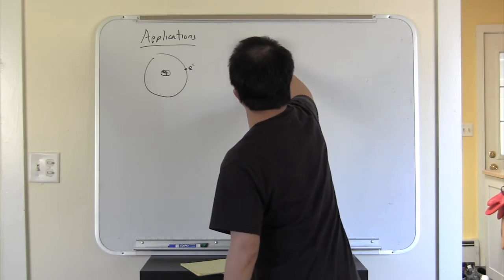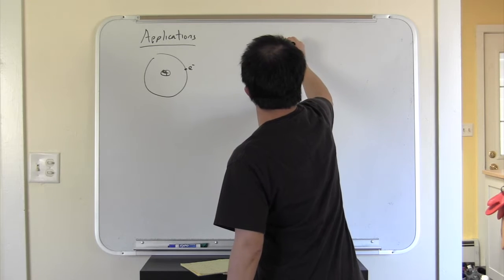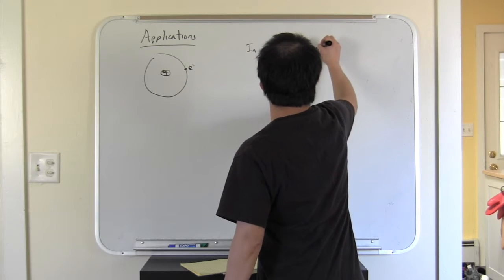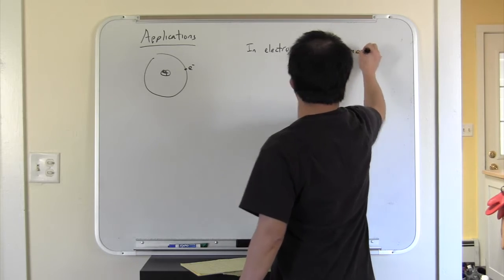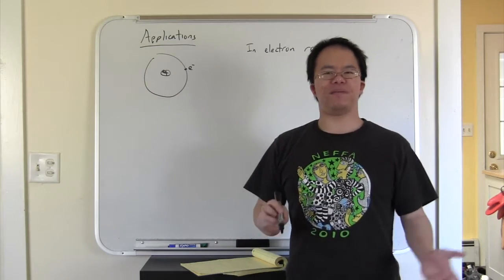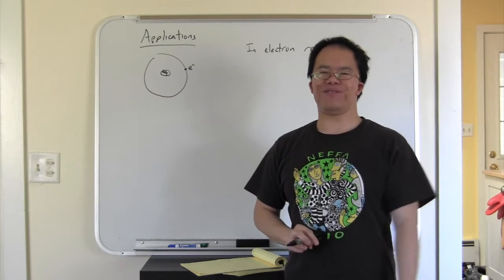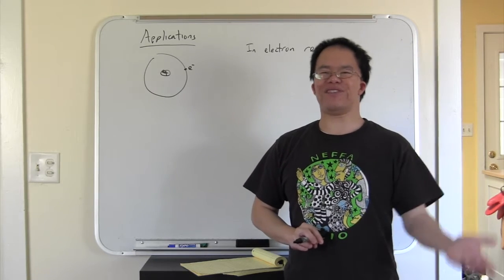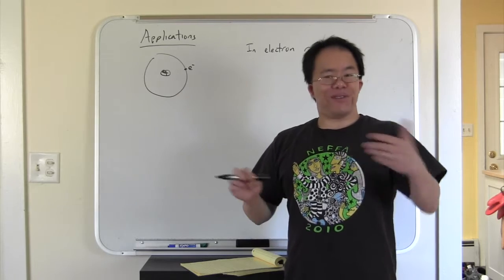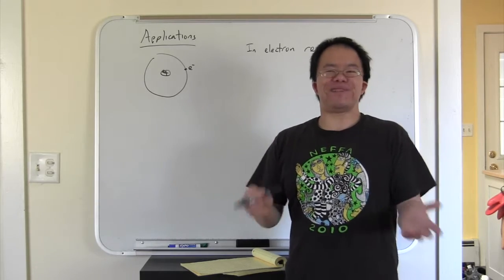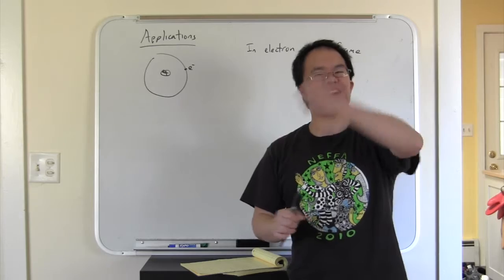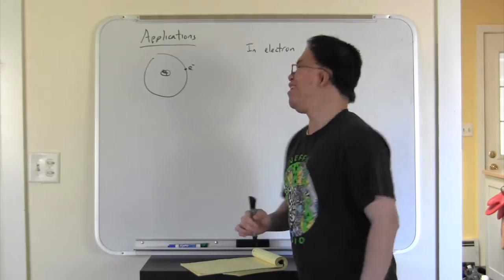So if you're in the electron's rest frame, it's sort of like being on the Earth and what people thought for centuries before Galileo. If we're sitting here on the Earth, it's really tempting to think of the Earth as fixed and then the sun orbiting us.